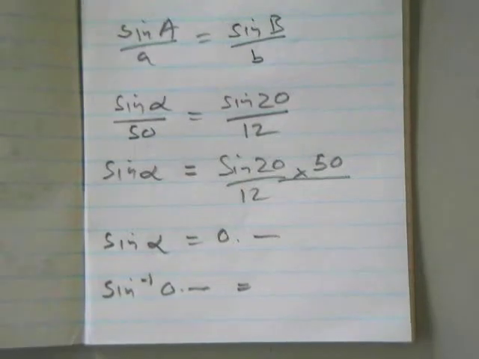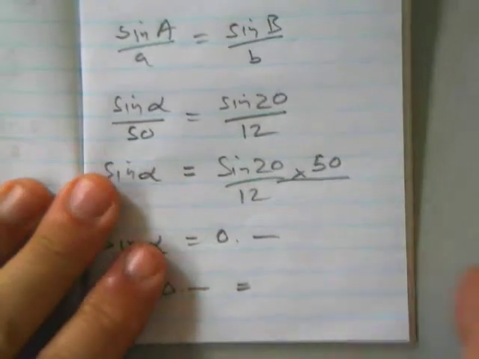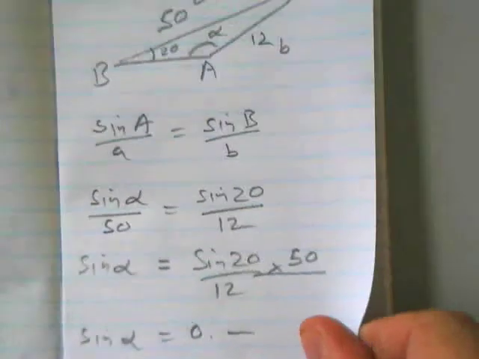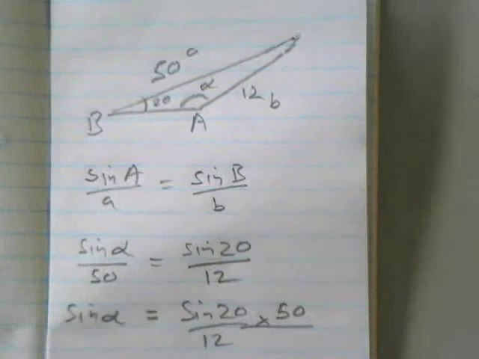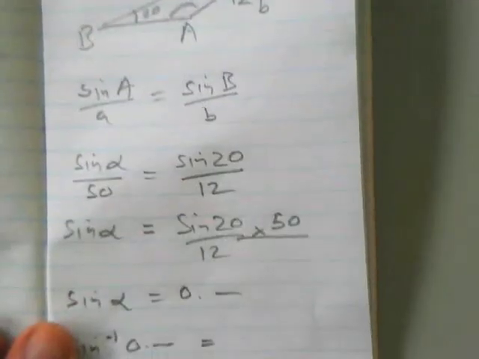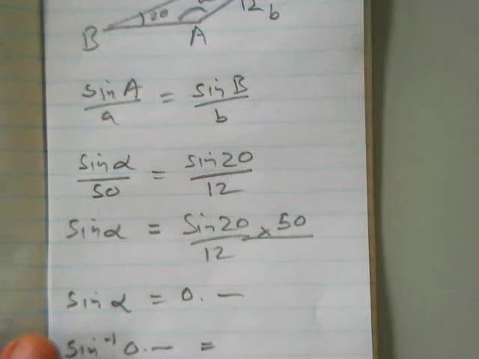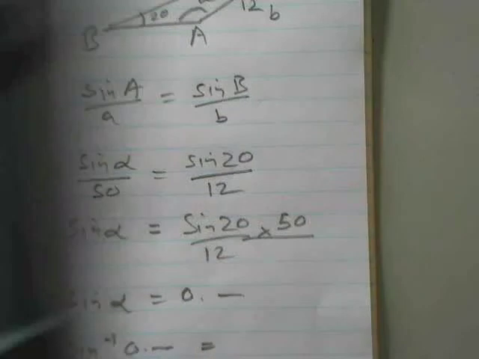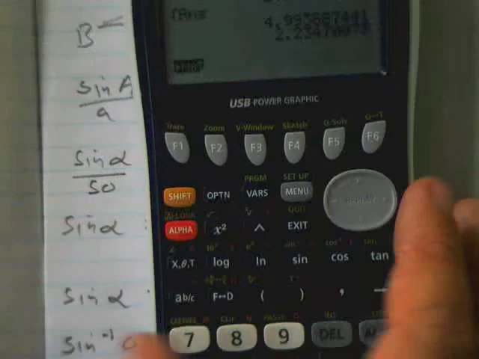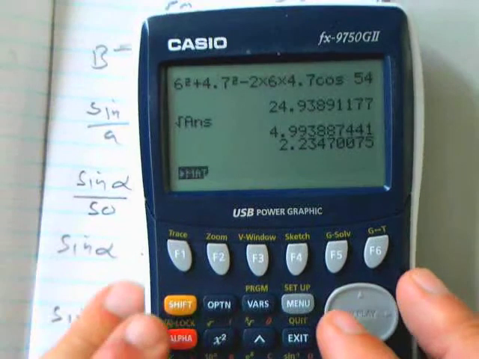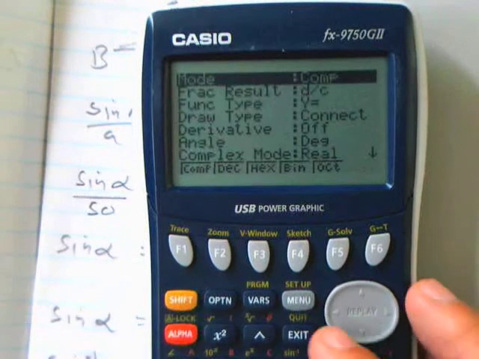Why will you get the wrong answer? Because your calculator will give you an acute answer. If I could borrow somebody's calculator, please, a graphics one. Oh, look at that. Marvellous. Before I start, I'm going to go shift setup and make sure it's in degrees.